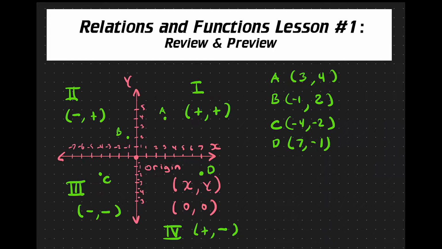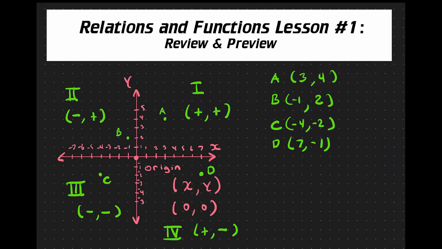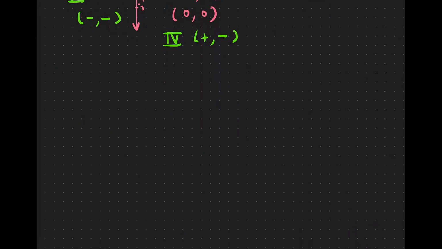We've been in the past looking at the equation of a line, which is y = mx + b. This is the equation of a line where m is our slope and b is the y-intercept.